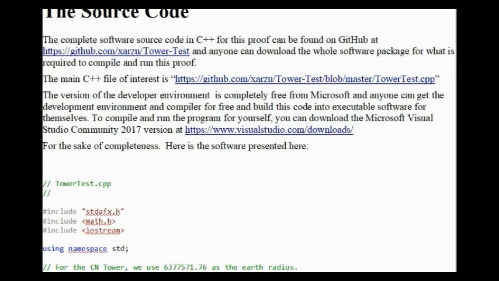To compile and run the program for yourself, you can download the Microsoft Visual Studio Community 2017 version at https://www.visualstudio.com/downloads/. And for the sake of completeness, I've included the actual source code in the documentation.